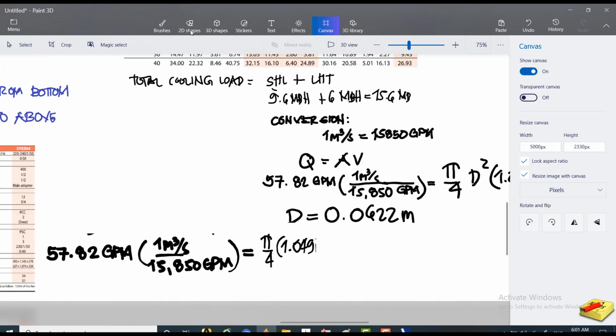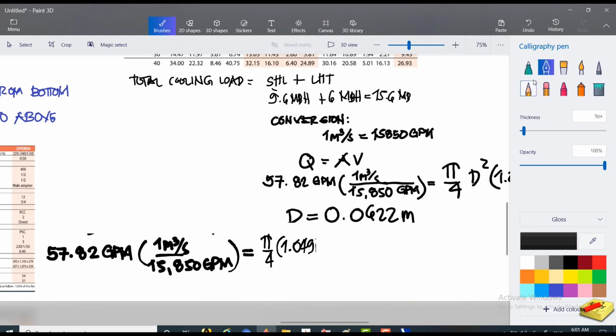So 1.049 inch. So we have the conversion.